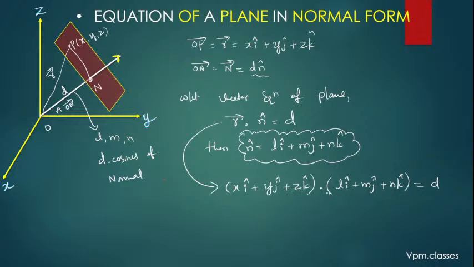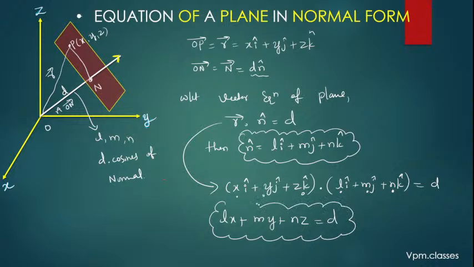We know how to find the dot product. So corresponding i component, j component and k component we can multiply. So l into x we get lx, plus m into y we get my, plus n into z we get nz, that is equal to d. So lx plus my plus nz is equal to d.